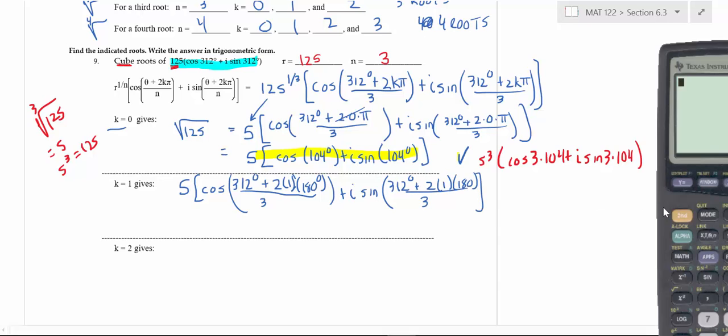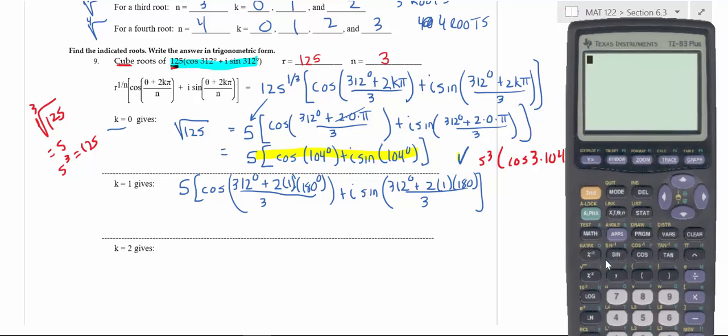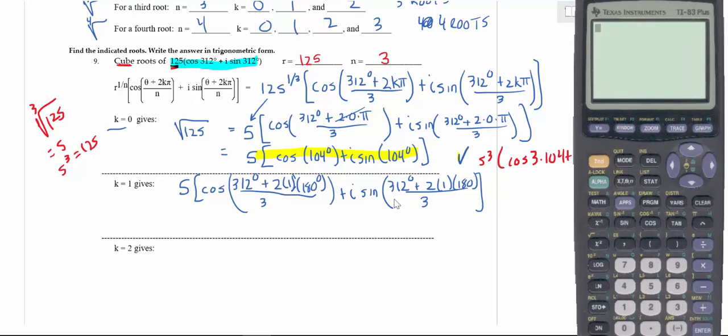Okay, so we can just do this on the calculator. You're going to see a pattern. I'm going to crunch this one out very methodically to show you how this works out. So you're going to have 5 here. Now we're just going to do this on the calculator. We've got 312 plus, see, this is really 360. Get that answer, and then divide that by 3, so you're going to get 224.